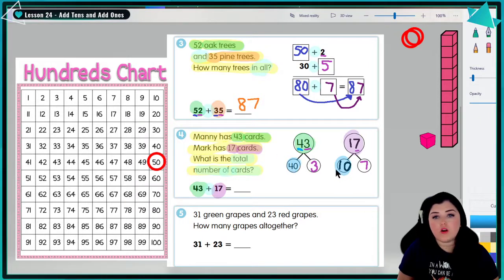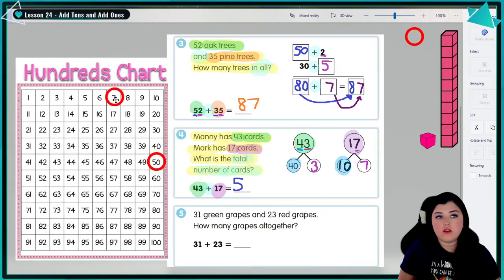4 plus 1 is 5. So there are 5 groups of 10, and 5 groups of 10 makes the number 50. So I'm writing a 5 in my tens place. Then I'm going to add my ones. 7 is bigger than 3, so I'm going to start on the 7. And then I'm going to add 3 more. 3 because there are 3 ones in 43. 7 because there are 7 ones in 17.